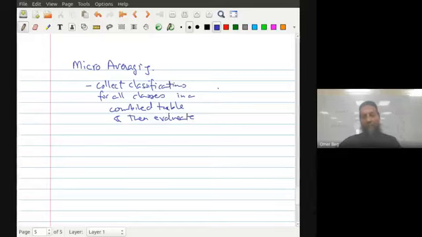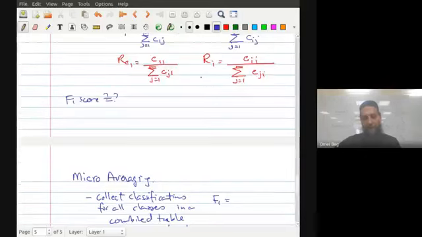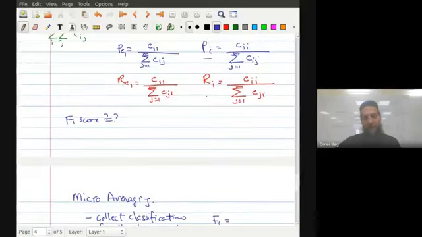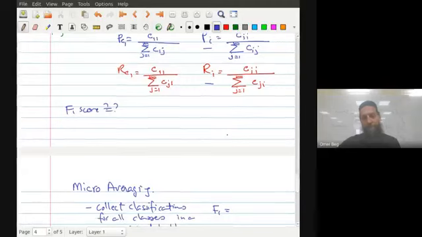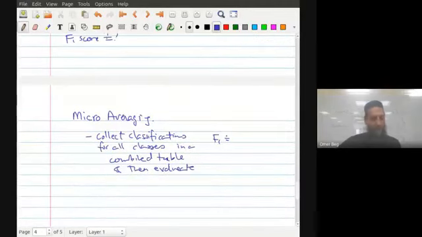So in that case, the F1 score would be this precision and recall. But the precision and recall was not the same for all classes. So we are going to combine the values.